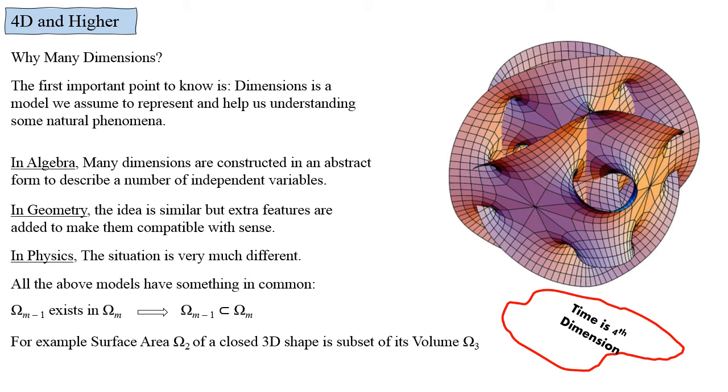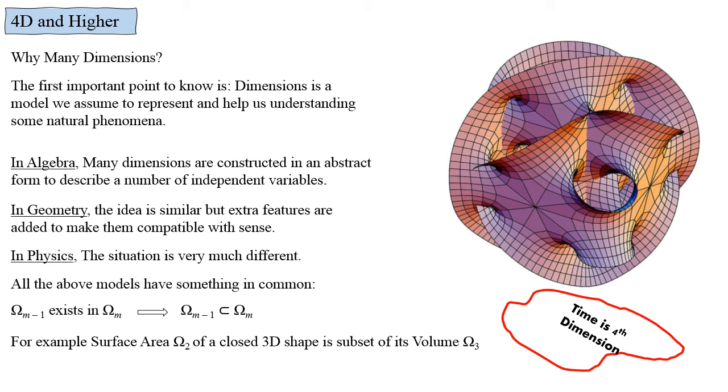If, for example, an object here has got m dimensions, obviously sigma m minus 1, like the case we had for 2 or 3, will exist, for example, in omega m, or maybe you can say this is a subset of that.